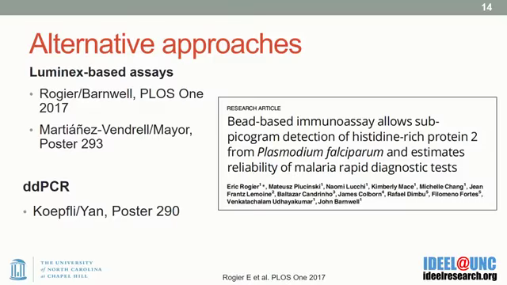There was also a poster from Alfredo Mayor's group, poster 293 yesterday, describing a Luminex-based approach. And I know that we've got Christian Kupli here in the crowd. He had a very nice poster yesterday describing a new digital droplet PCR assay that could also open up some opportunities for high throughput screening.